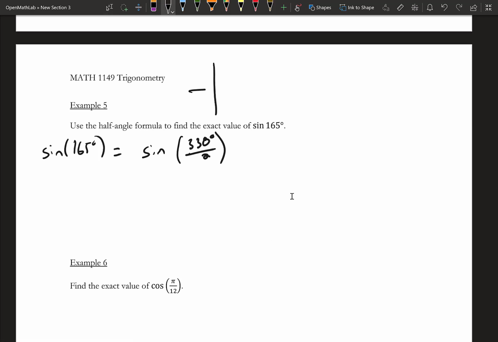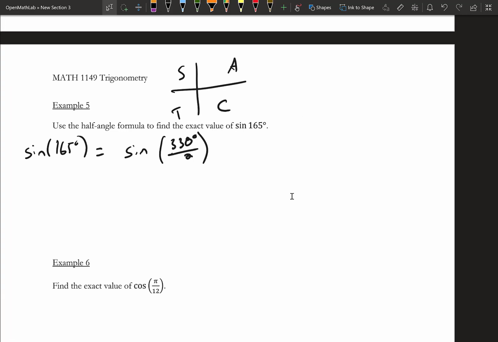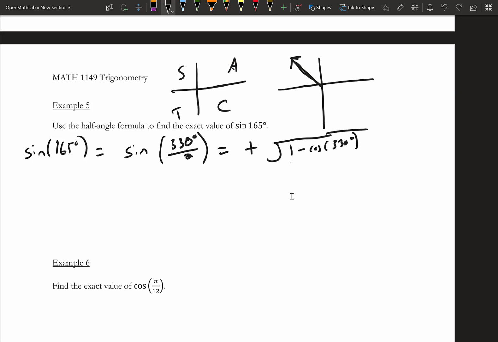So don't forget, all students take calculus. 165 is going to be in the second quadrant, so that's going to be positive. So this would be equal to positive square root of 1 minus cosine of 330 divided by 2.